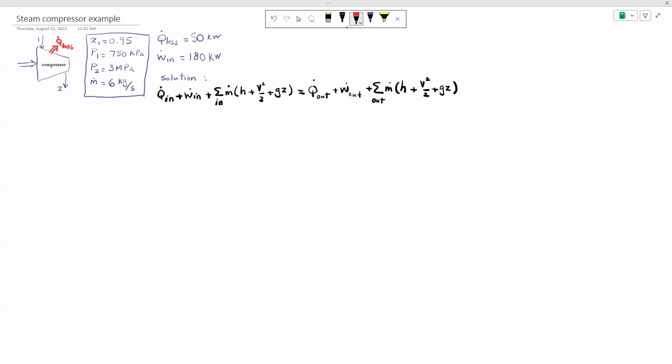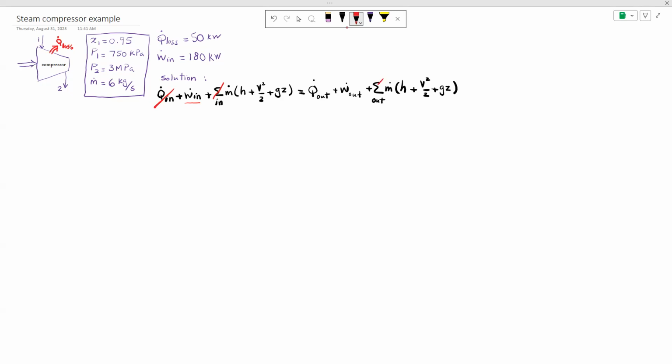The compressor doesn't have any heat added to it, so there's no Q dot in. It is a compressor, so we do have work in. The compressor has one inlet, one outlet, so we don't need the sigma sign anymore.